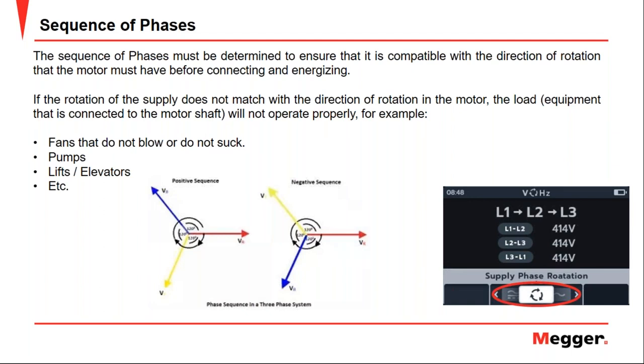For example, with fans we have to do this verification because it's very important for their functioning. The same with pumps, lifts and elevators. So this is a very critical issue for some of our applications, and it is very important to know the phase sequence in our application.